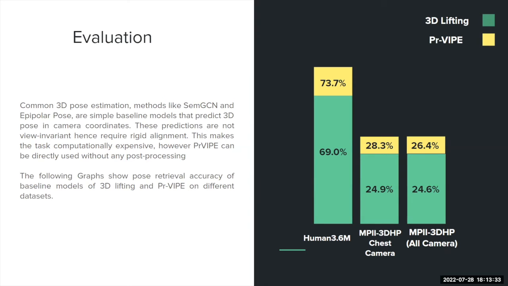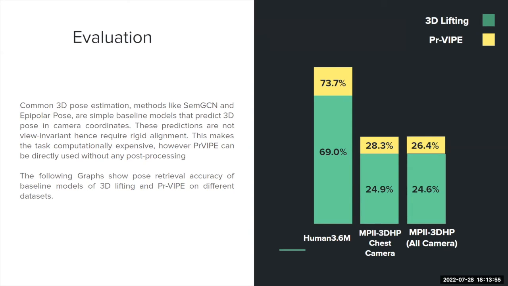The results demonstrate that PRY retrieves poses more accurately across views compared to baseline models in both evaluated datasets, which are Human3.6M and MPI-INF-3DHP.